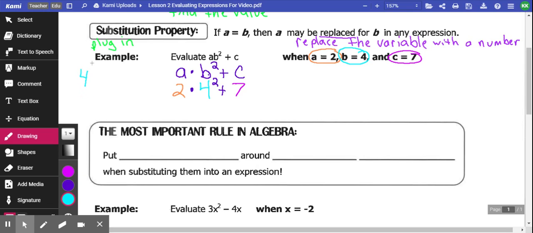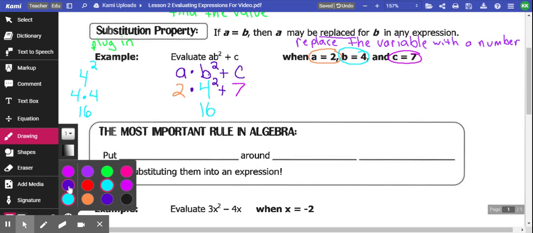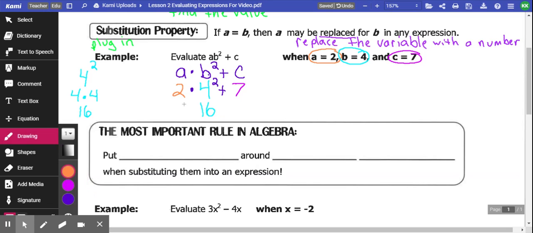If you did not know that, write that out to the side to help you remember. So 4 squared means 4 times 4, which is 16. And then I bring down the rest of my problem. 2 times 16 plus 7.